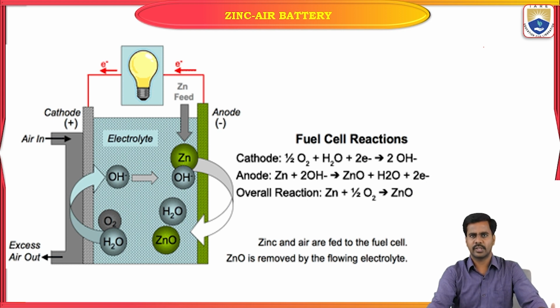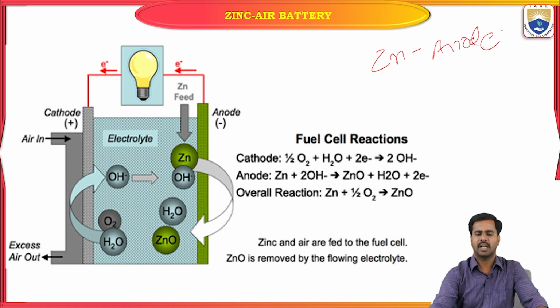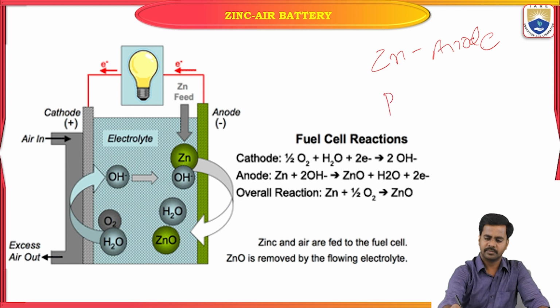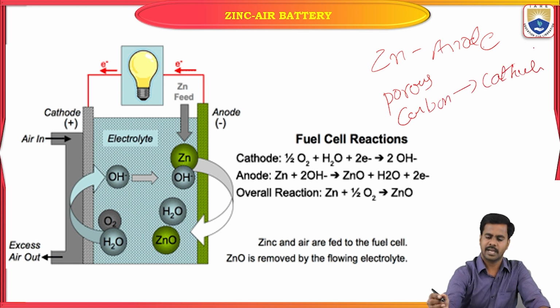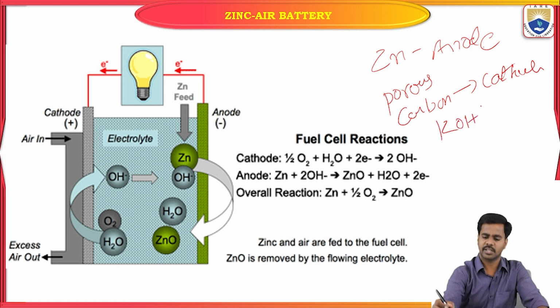Okay, next going to the construction and working principle of zinc air battery. Here, zinc acts as the anode and porous carbon acts as the cathode. The electrolyte is KOH, potassium hydroxide.